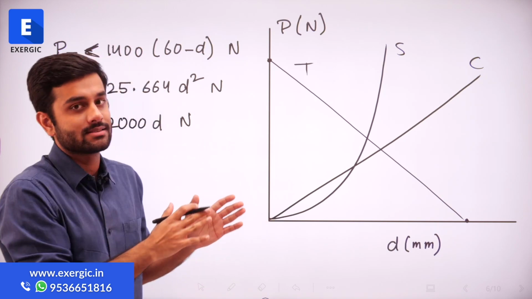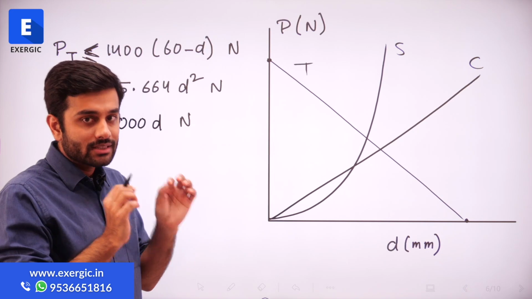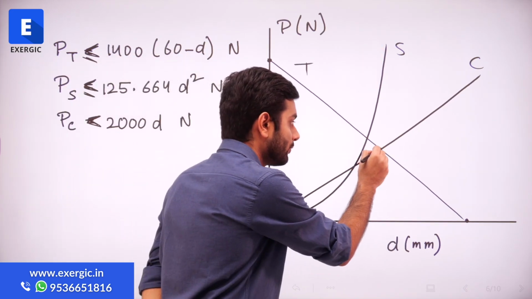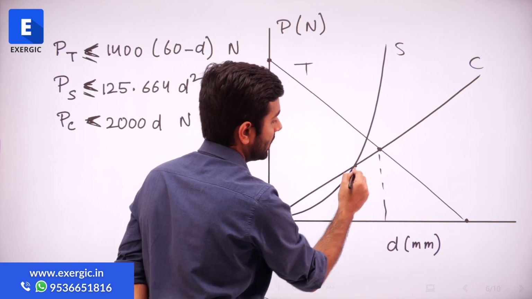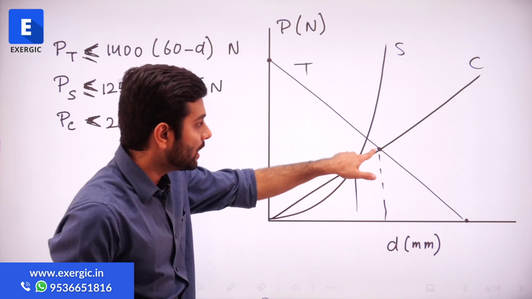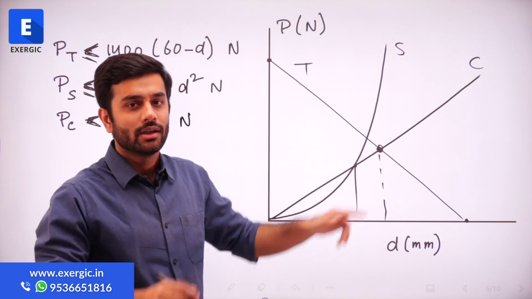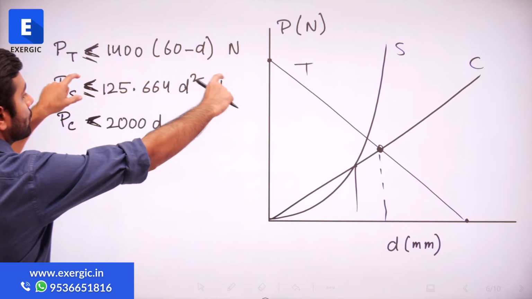So in this case, let us first find out whether this line of shear is going to be before this point, at this point, or above this point. This value of diameter, how can we find that out? Equate the two, only the equations, this part equal to this.